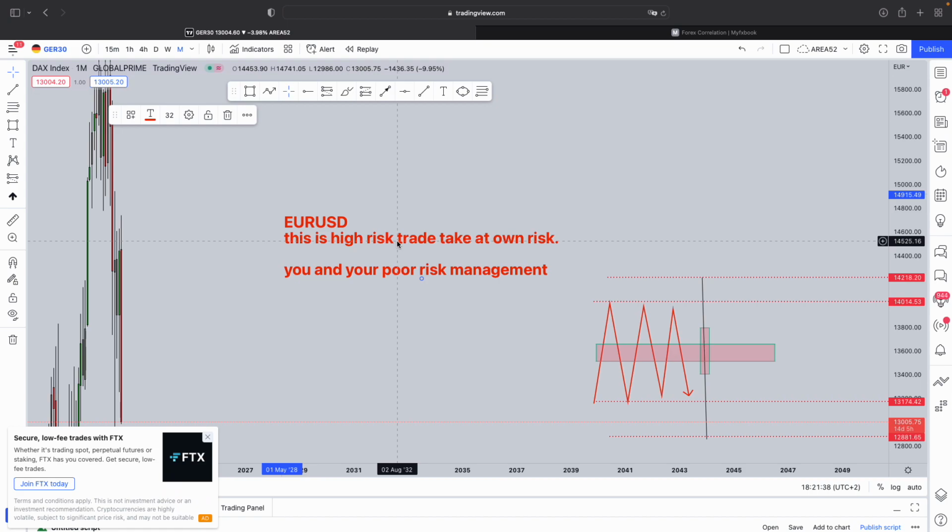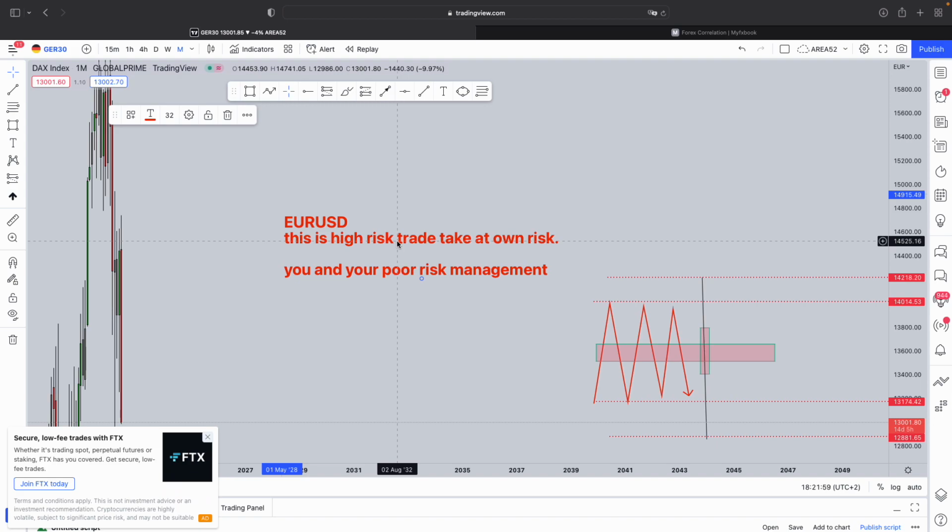Maybe I shouldn't take the trade. It just puts you in a position where you think, okay, I don't want to take this trade basically. Because you shouldn't be sending out signals that carry a high risk in the first place, my friends.